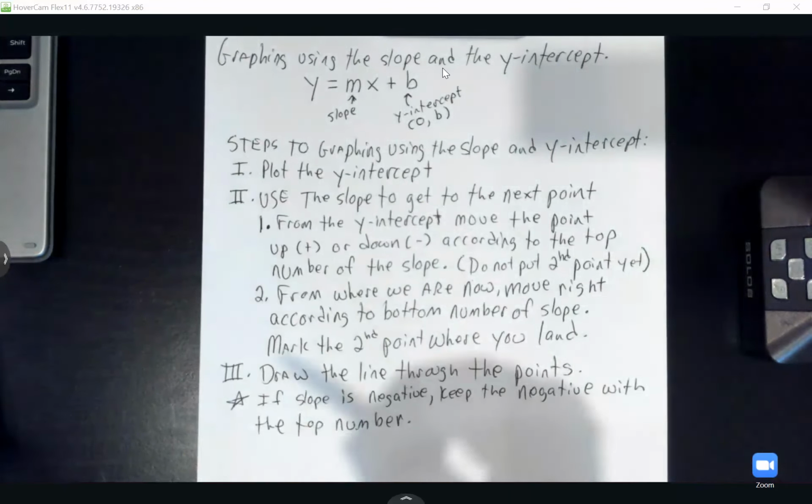So that means the top is the only one that's going to have a choice about going up or down. The bottom is always going to be positive on our slope, and it's going to move us to the right. So remember, this is that rise over run stuff, okay?